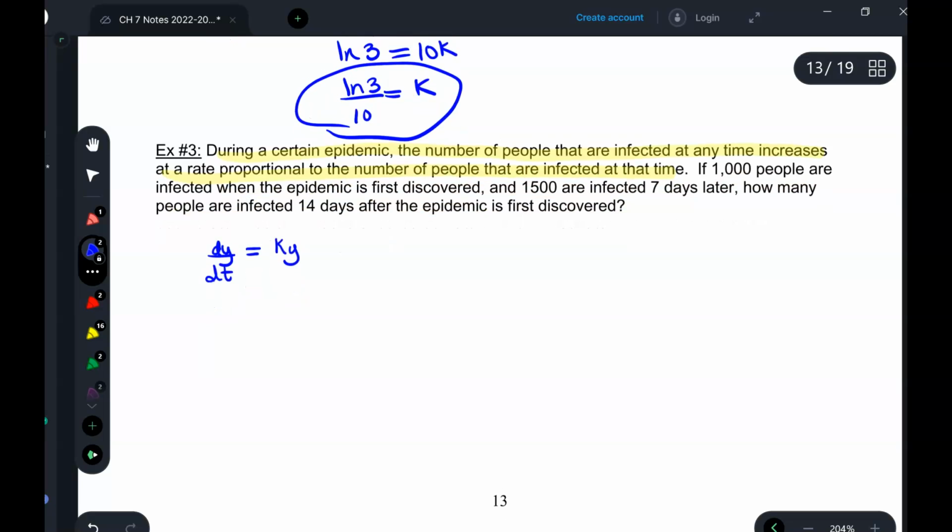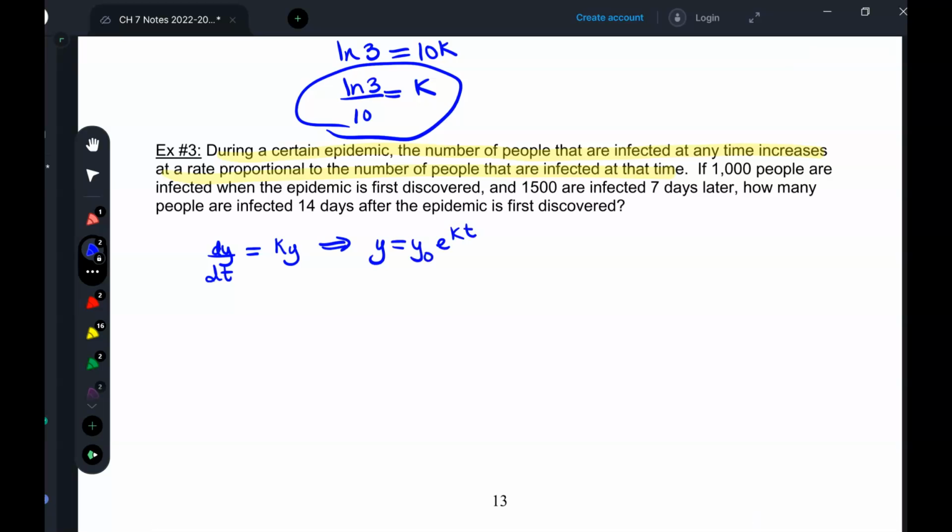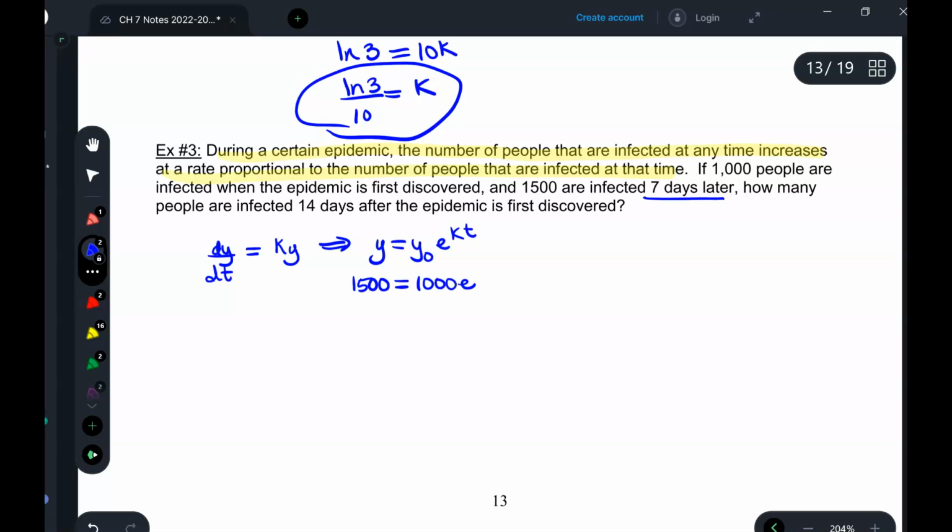So if 1,000 people are infected when the epidemic is first discovered, and 1,500 are infected 7 days later. Okay, so we got 1,500 is our y, 1,000 is our y naught, and this 7 days later will tell us how we're going to isolate for k, find that rate.